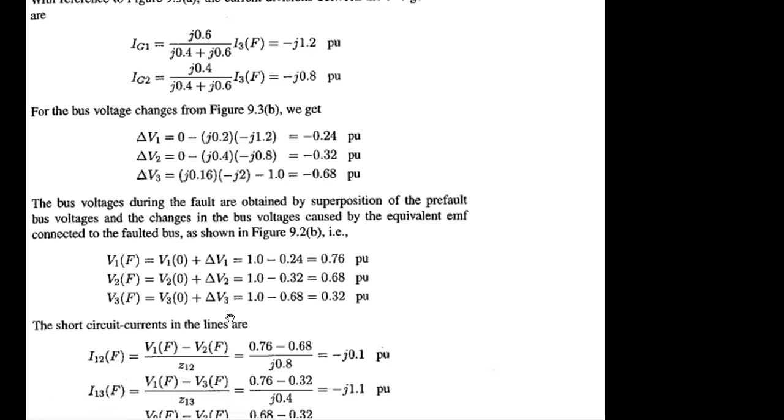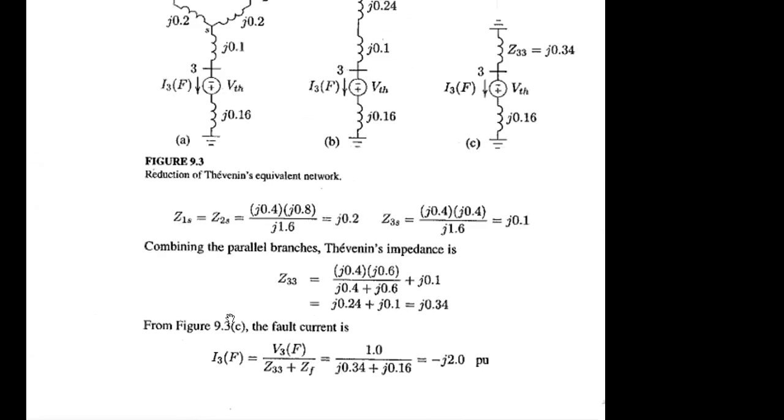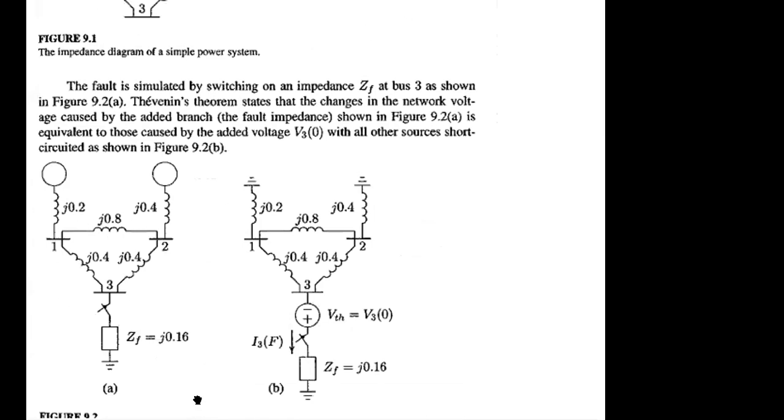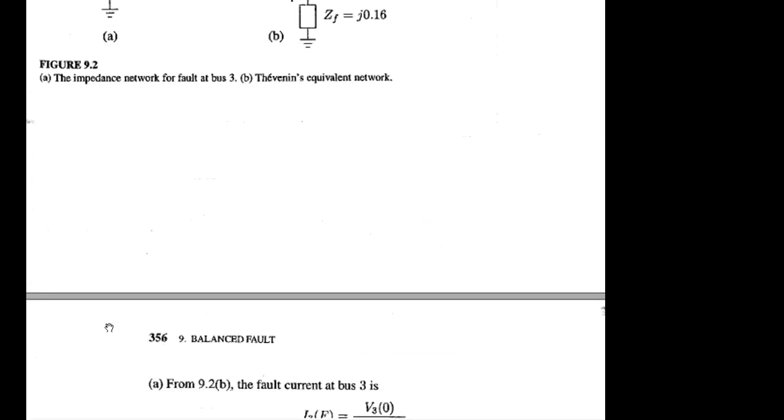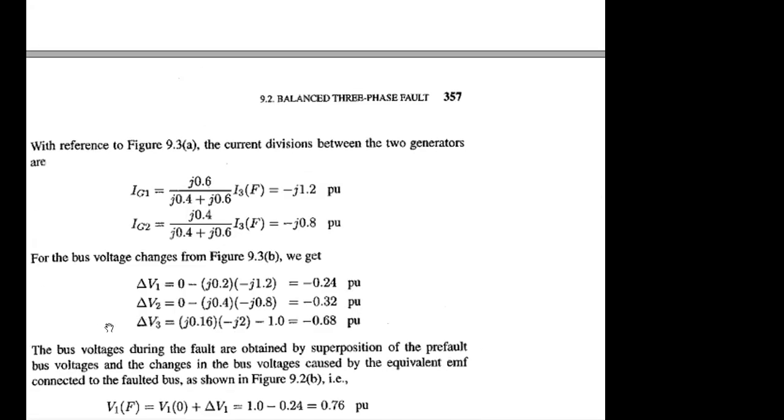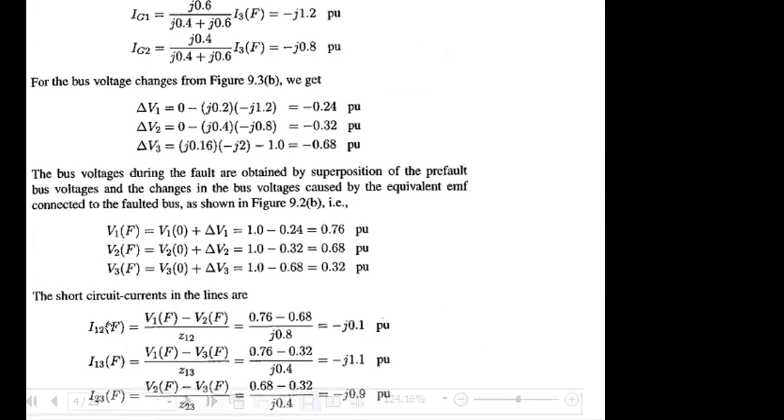And Z12, let's see what is the value of Z12 in that diagram. That was the Z12 information, right? 0.8 line impedance of Z12. So Z12 is the impedance value of the line between bus 1 and 2. Okay. So we can find the line current.